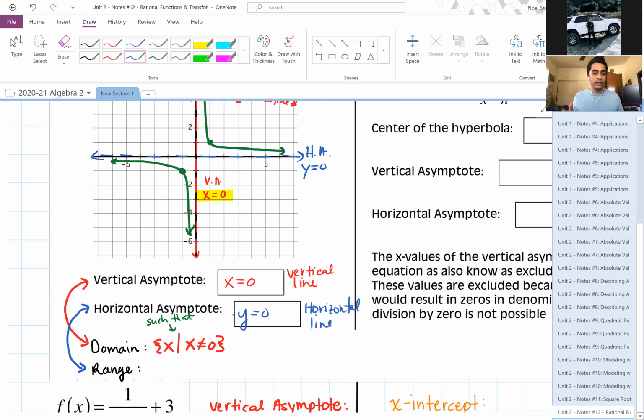It's easier to say everything except 0 rather than the other way around, because then you would have to have an interval notation, union, another interval notation. I think that this way is a little bit cleaner. It's simpler. Yeah. So all numbers except for 0.